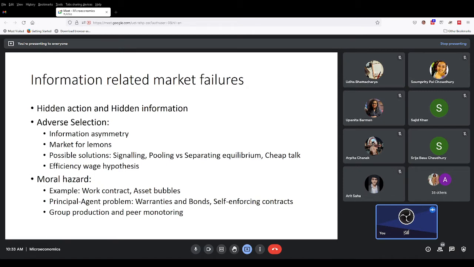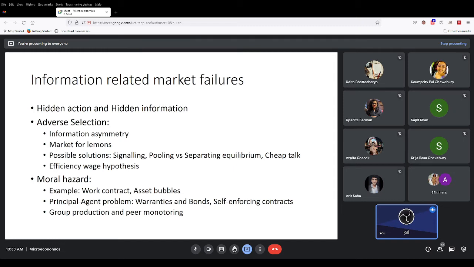These stem from the works of Williamson, Akerlof. Stiglitz has also done some work, Diamond. All these people have developed models to study markets where the information is not symmetric.